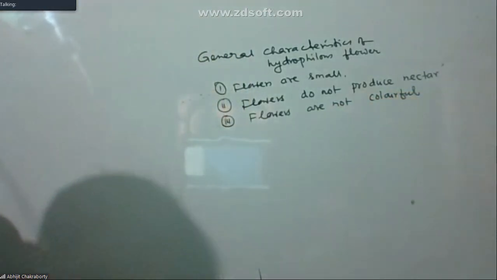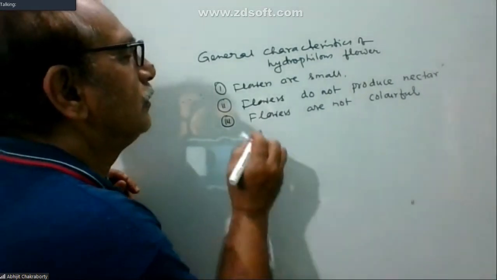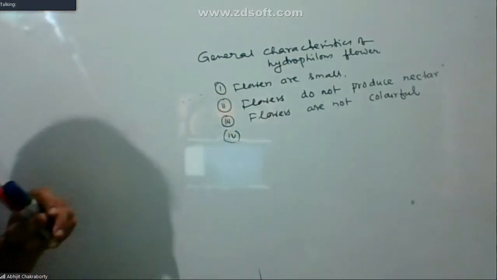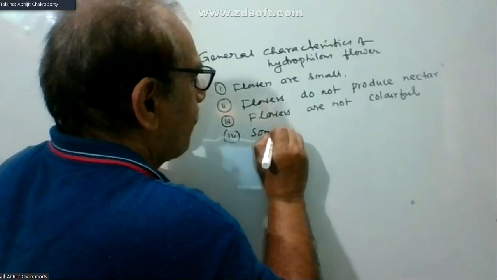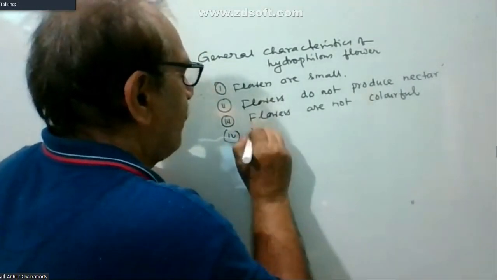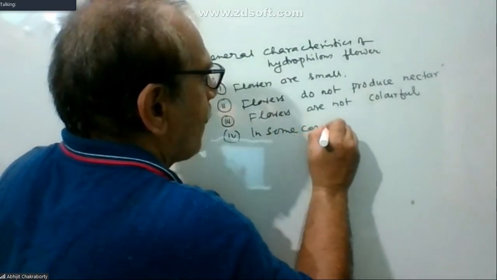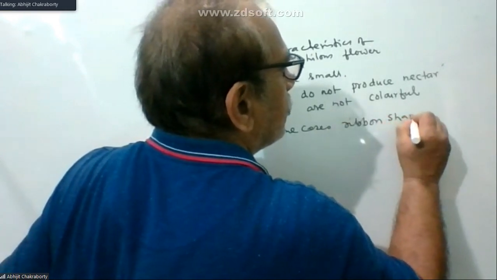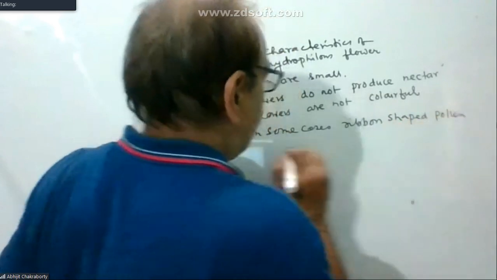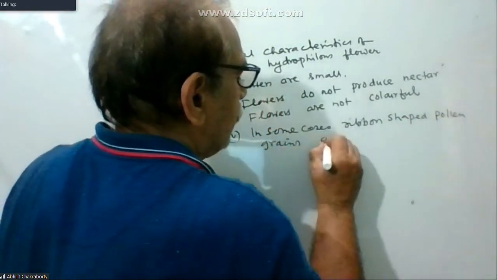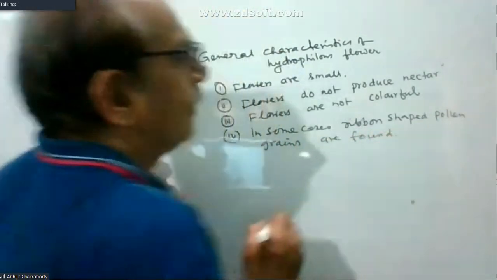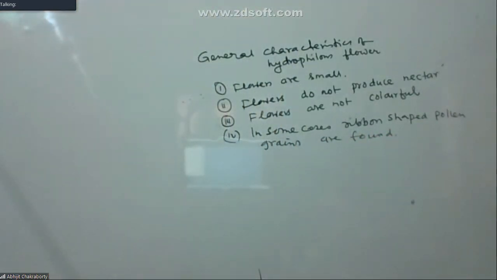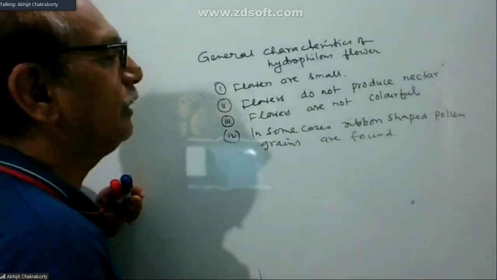They are not colorful. In some cases, ribbon shaped pollen grains are found.